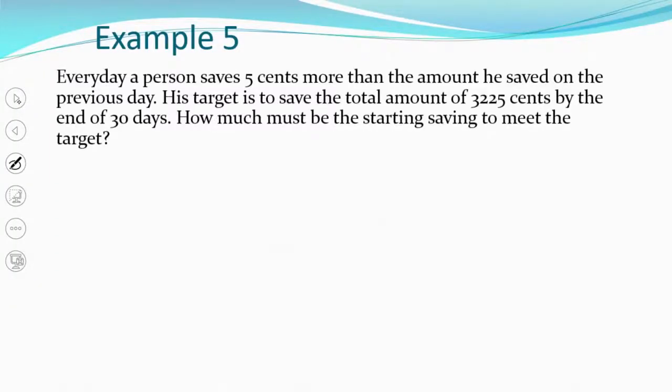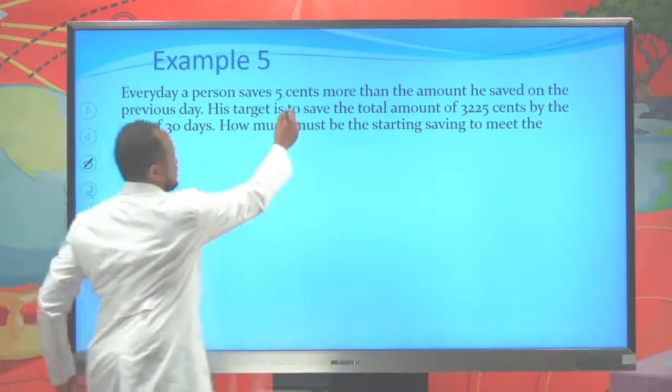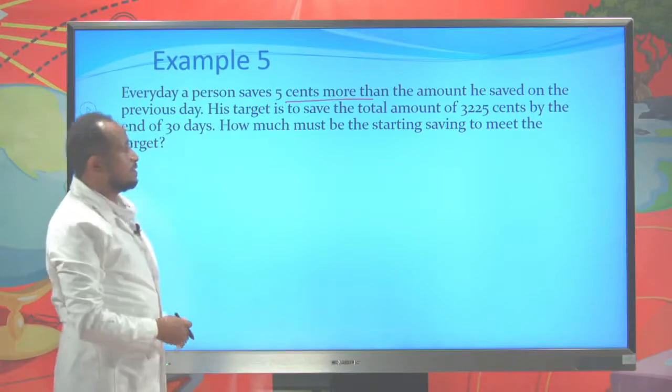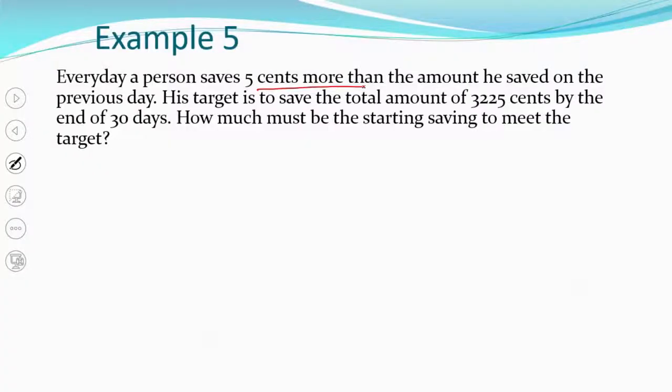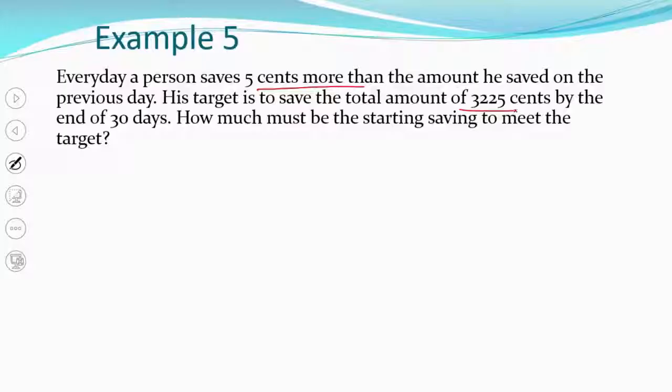Example 5, let's see example 5. Every day a person saves 5 cents more than the amount he saved on the previous day. So his target is to save the total amount of 3,225 cents by the end of 30 days.